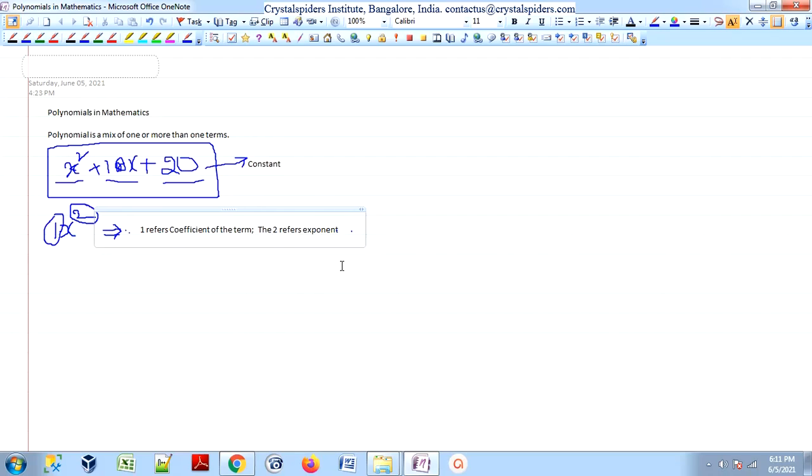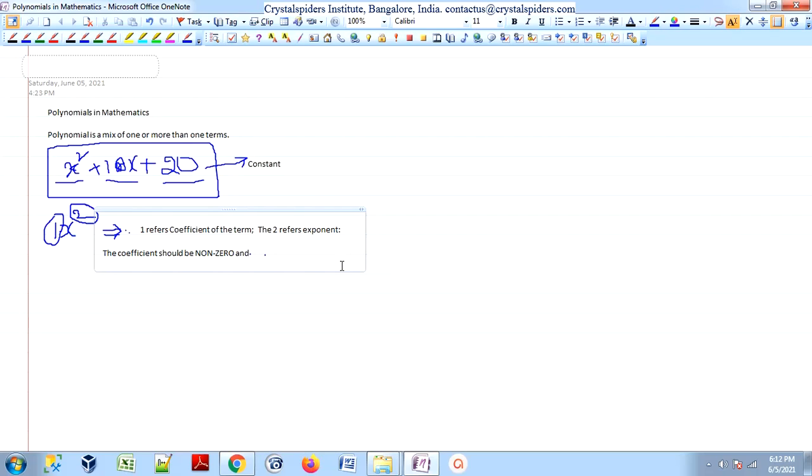So the rule is, if you want to say this is a polynomial, in every term the coefficient should be non-zero, that means not equal to 0.